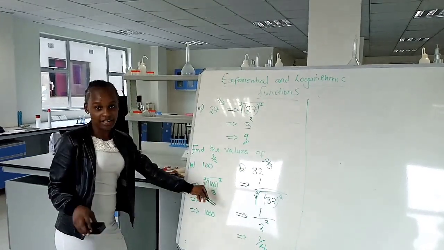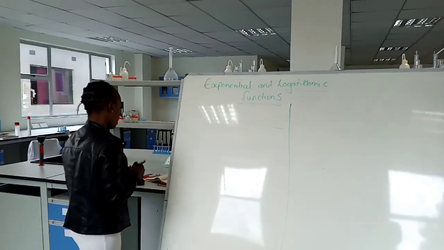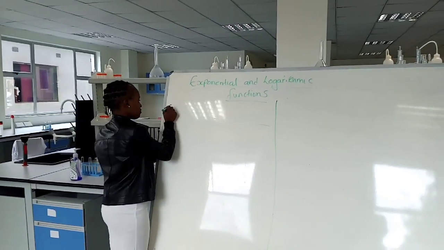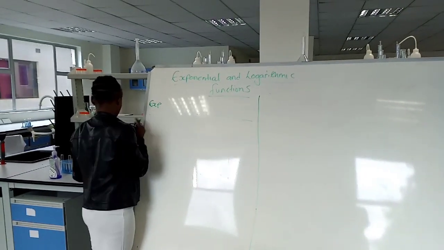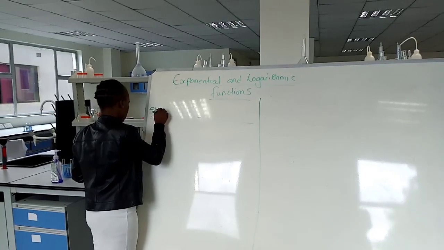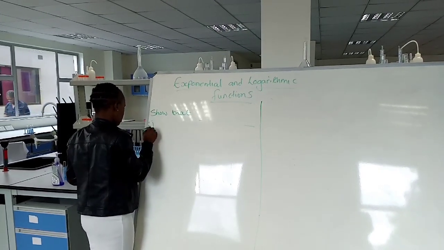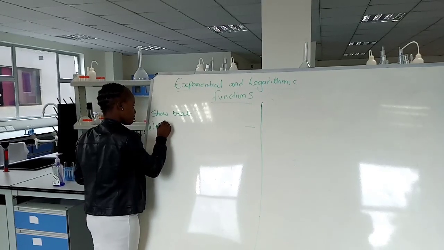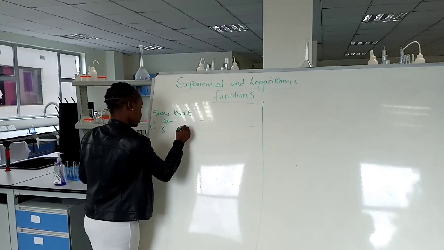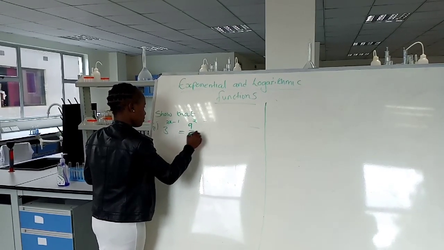So I guess you guys have seen this because I'm going to rub it out. Something else. If you're asked to show that, then the first one you have 3 to the power 2x minus 1 being equated to 9 power x over 3.